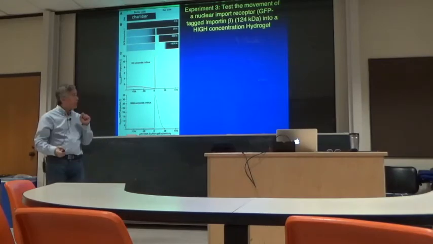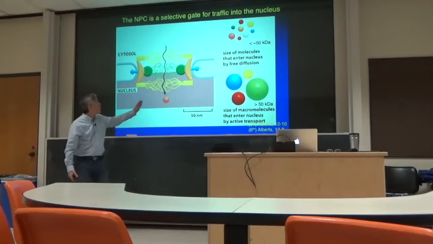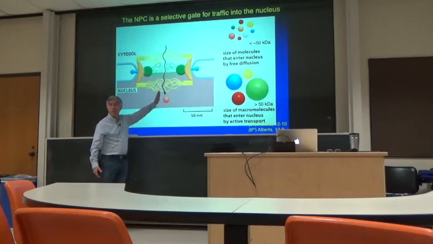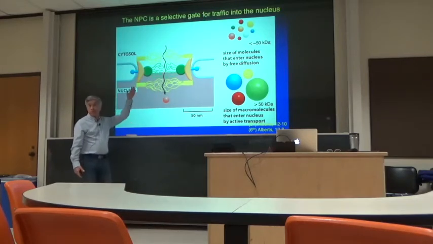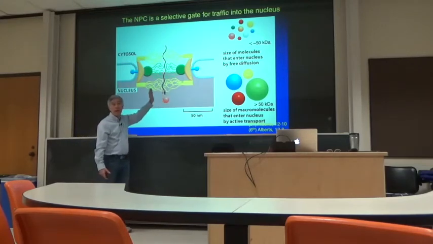Again, I need to reiterate this. This is going through the hydrogel, for things that are not able to fit in the hole. Let's consider if we had somehow made up a nuclear pore that was completely 100% filled with the hydrogel without an open hole.